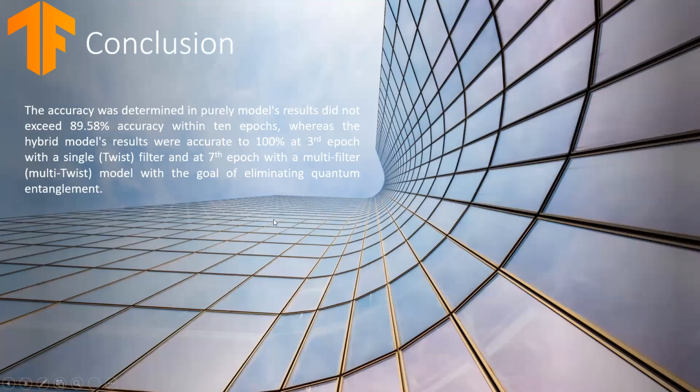As a conclusion, the accuracy of the purely quantum model results didn't exceed 90% within 10 epochs, whereas the hybrid models results were accurate to 100% at the 3rd epoch with a single filter, and at the 7th epoch with a multi-filter model, with the goal of eliminating quantum entanglement.